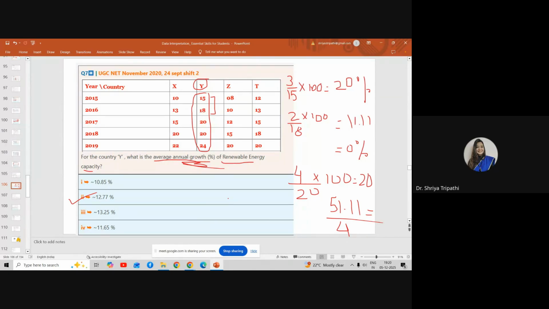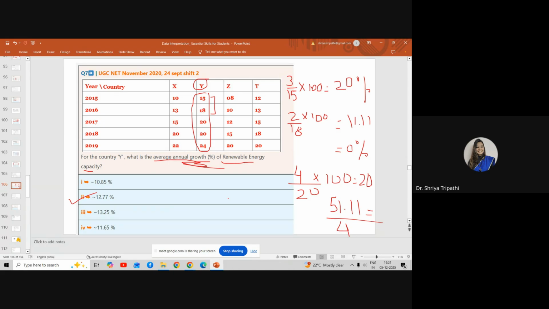Why here we have not divided by 5 but 4? I can see from 15 to 19 we are having 5 years, but we have divided by 4. Why? Because we are considering growth compared to the previous year. In 2015 there is no growth. That is my base figure.